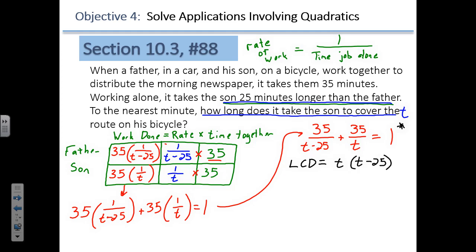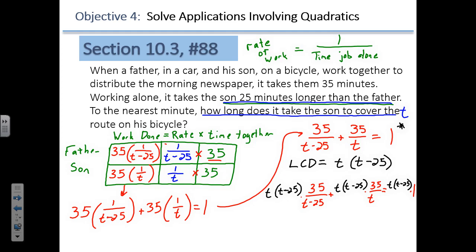So since this is an equation, we're going to use the LCD to wipe those out. So we're going to have t times (t minus 25), that's a minus sign again, times 35/(t minus 25), plus t times (t minus 25) times 35/t, equals t times (t minus 25) times 1.